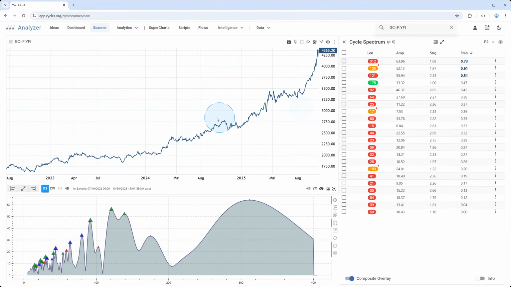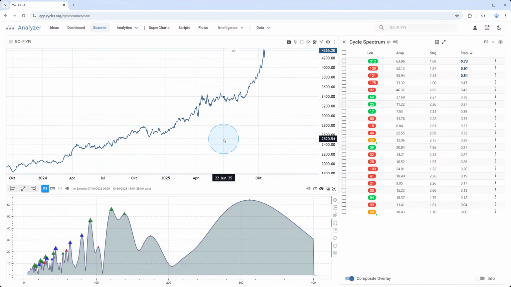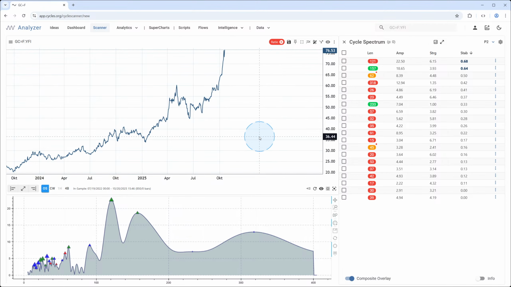So here we open the gold price daily, and now same procedure. We want to build the gold to oil ratio. Therefore, we activate the build ratio services indicator again. And now we load the oil futures, which we want to calculate against the gold price. Press OK. And here we go.